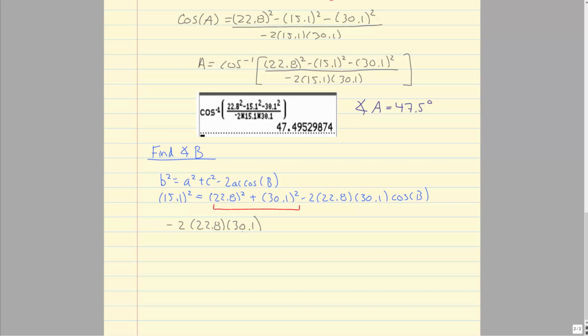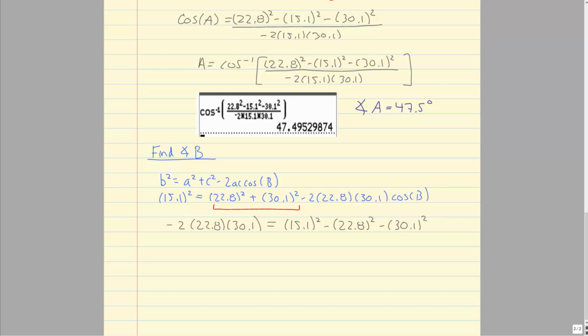Now if you want to multiply these together and write down the full answer, that's great. But what you don't want to do is multiply those together and then round, because again you'll introduce too much rounding error. And this would be equal to 15.1 quantity squared minus 22.8 quantity squared minus 30.1 quantity squared.